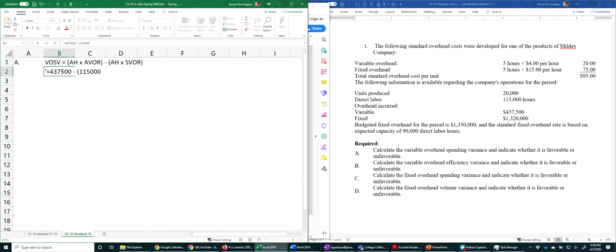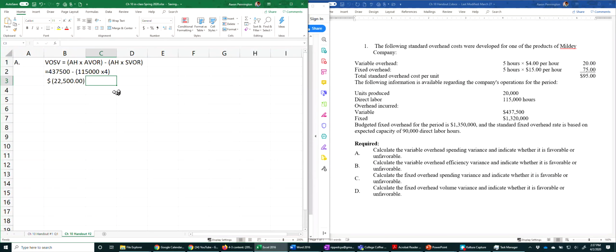And your standard rate is also given. We see it for variable is $4 per hour. We get 22,500. Shows as negative.